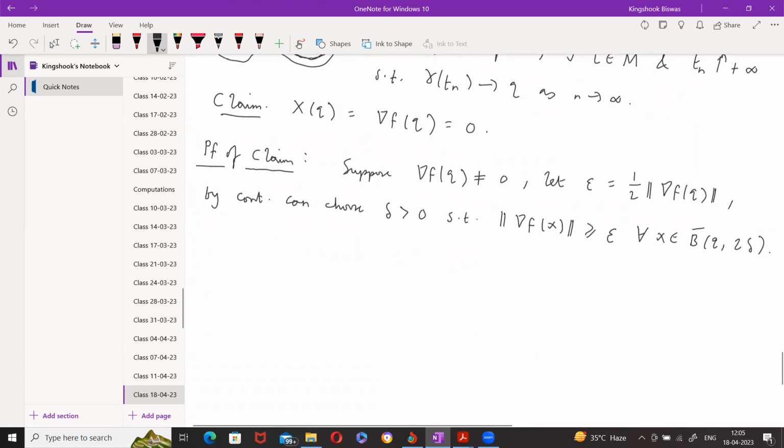Okay. So what I'm going to do now is look at my point q, and look at the balls of radius delta and 2 delta.